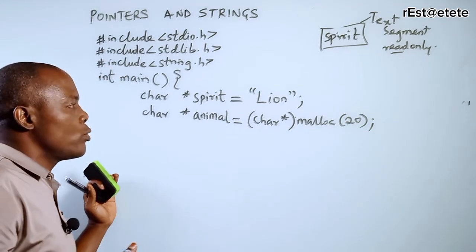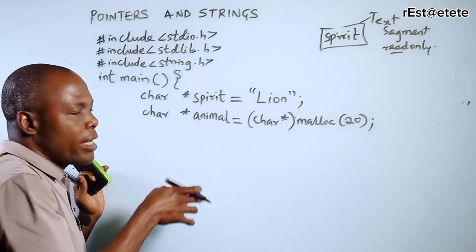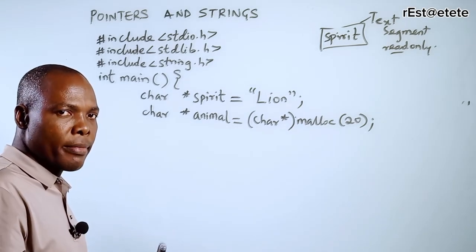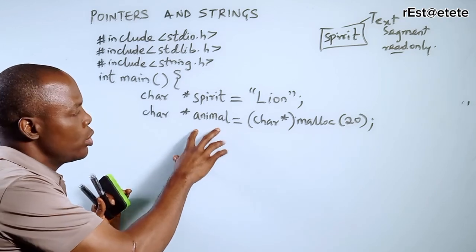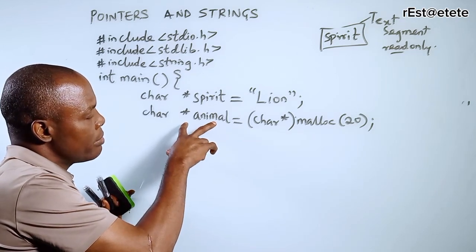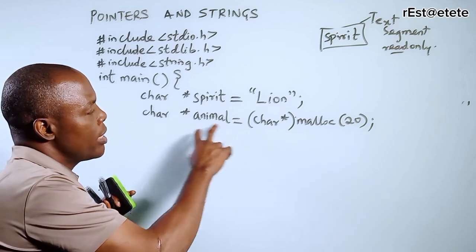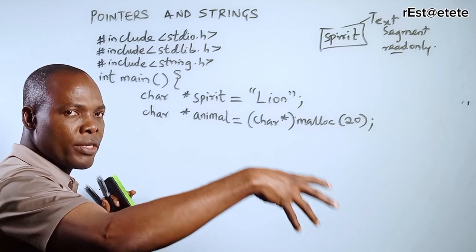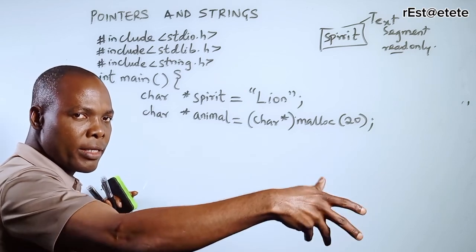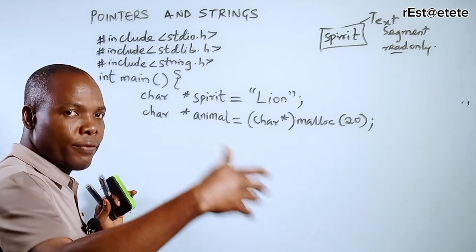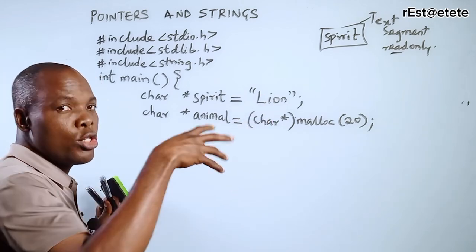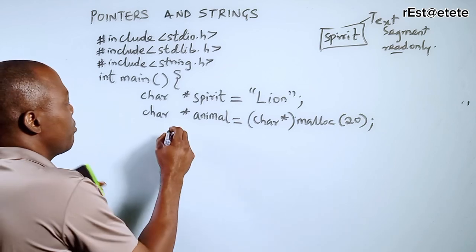Now, the next thing I'll do is to check if the animal has been created in the physical realm. That is what I want to do. So, animal, I am using a pointer to point to a memory location that has been created dynamically. So, meaning I have created a physical animal that I'm going to give this name to. But just to be sure that it has been created, I'll bring in my if.